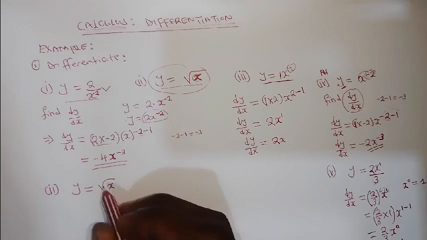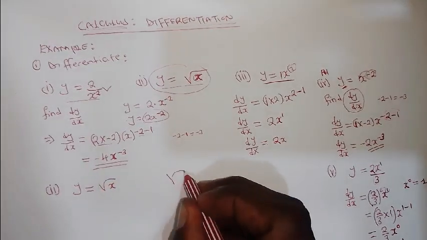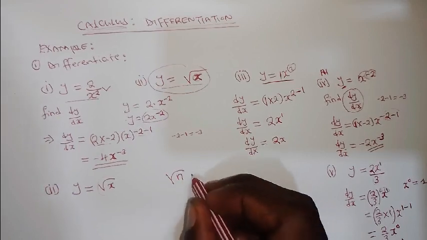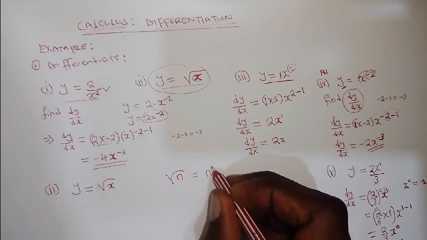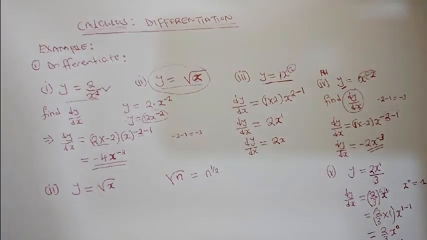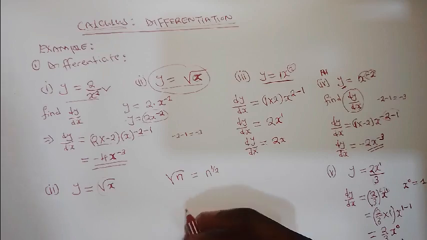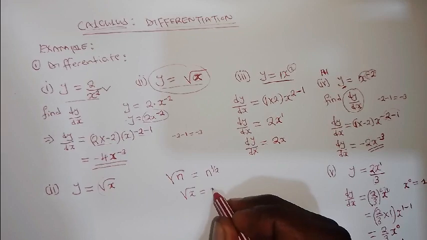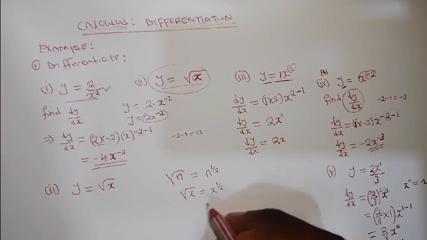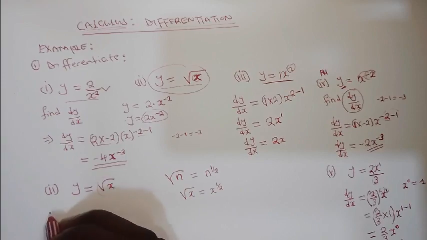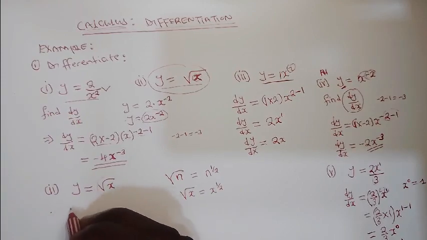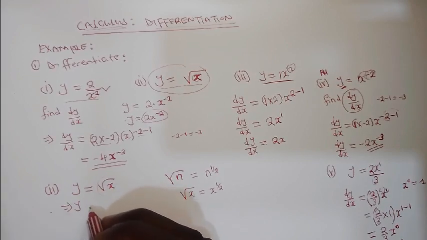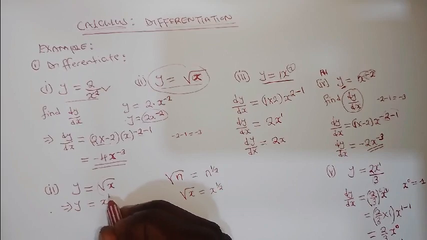In this case, anything where you see the square root is just the same as saying that number raised to the power half. So x is just the same as x raised to the power half. Therefore this one can be rewritten as x to the power half.